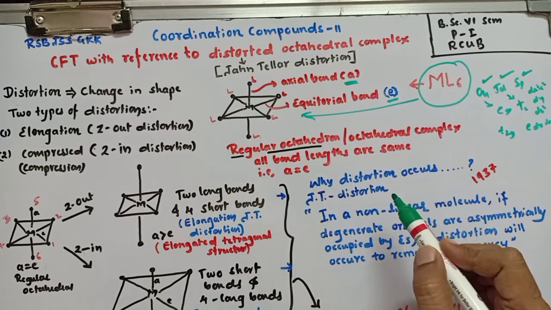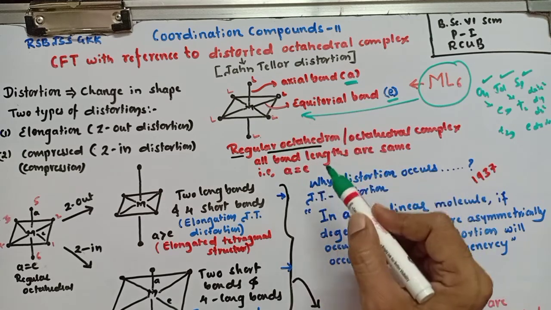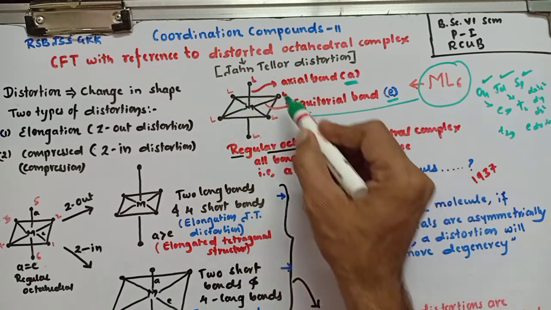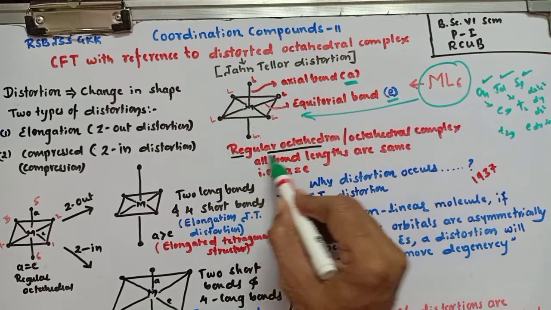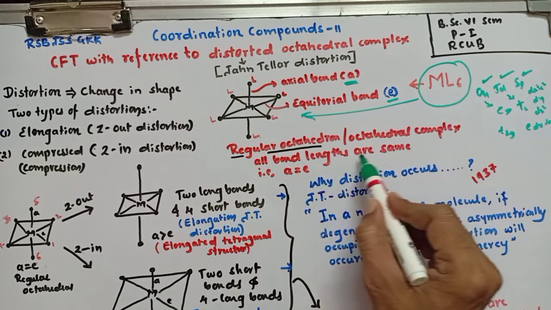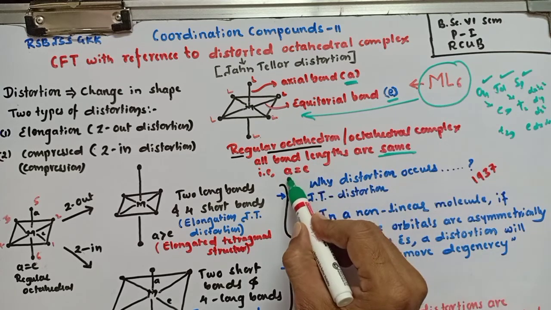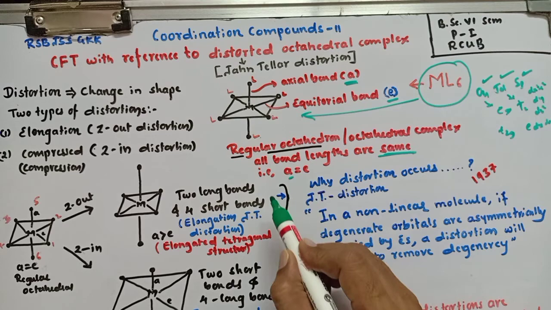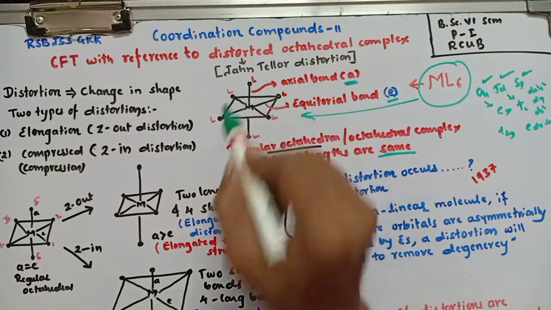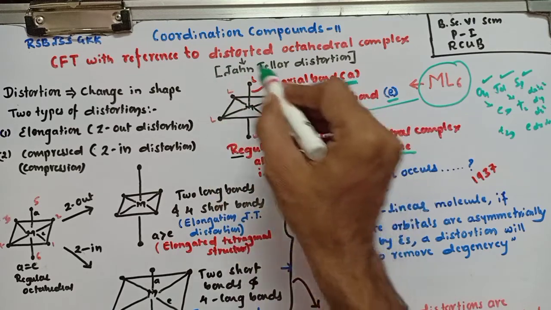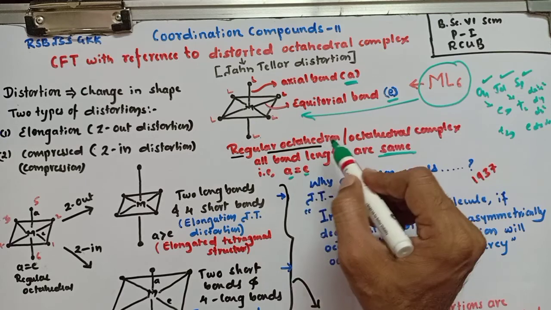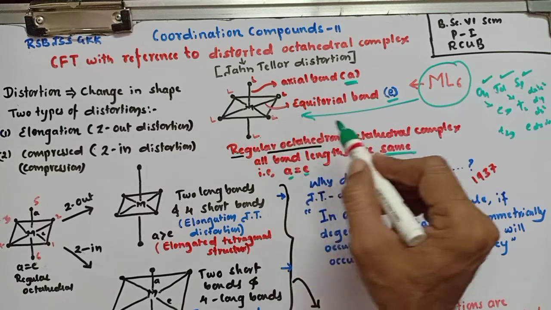In any octahedral complex, if all the 6 bonds have the same length, then that octahedral complex is considered a regular octahedron or regular octahedral complex. That means the axial bond length is exactly equal to the equatorial bond length. All the 6 bond lengths are the same. If that is the case, only then can we call it a regular octahedral structure or perfect octahedral structure.